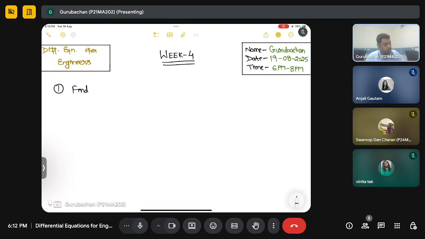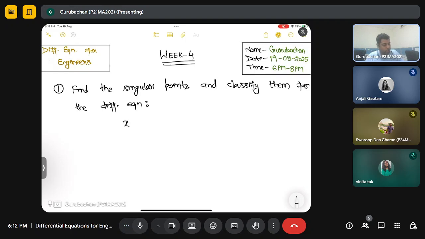Find the singular points and classify them for the differential equation x cube (x minus 2) y double dash plus x cube y dash plus 6y equal to 0.